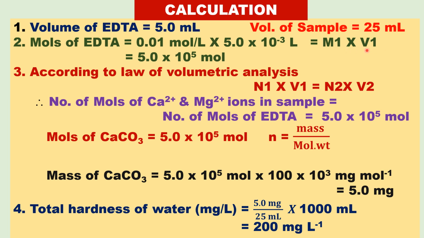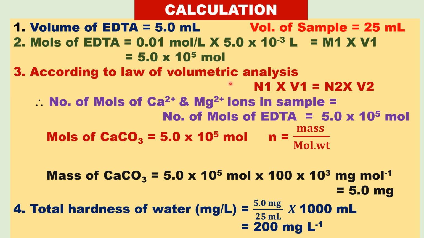M1 into V1 gives the moles of EDTA reacted with the sample. 0.01 mole per liter into 5 milliliter, therefore into 10 power minus 3 liter, milli means 10 power minus 3 liter. Therefore moles of EDTA equals 5.0 into 10 power minus 5 moles.